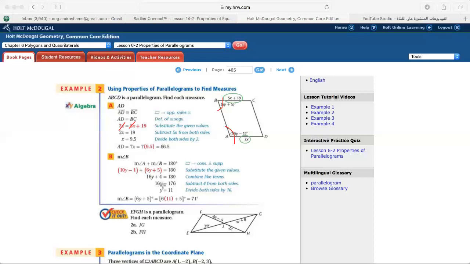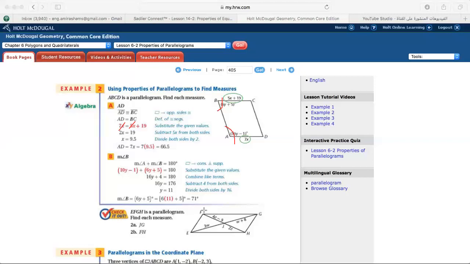Then I have 16y is equal to 176. So I'm going to divide both sides by 16 to get the value of y. Y is 11. Then I'm going to substitute y by its value in angle B. 6y plus 5, 6 multiplied by 11 plus 5, is equal to 71.